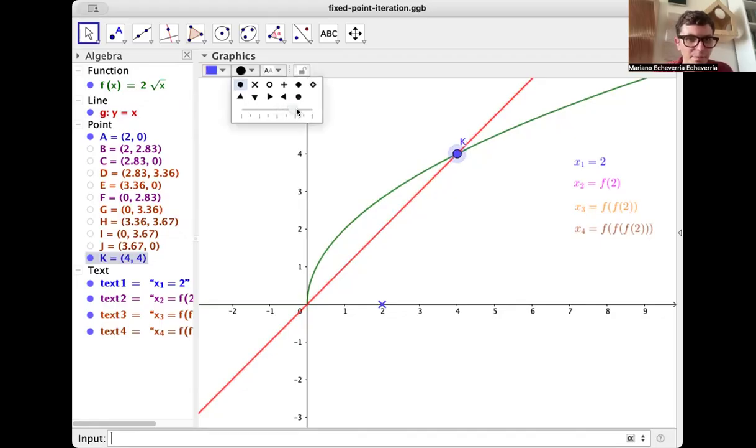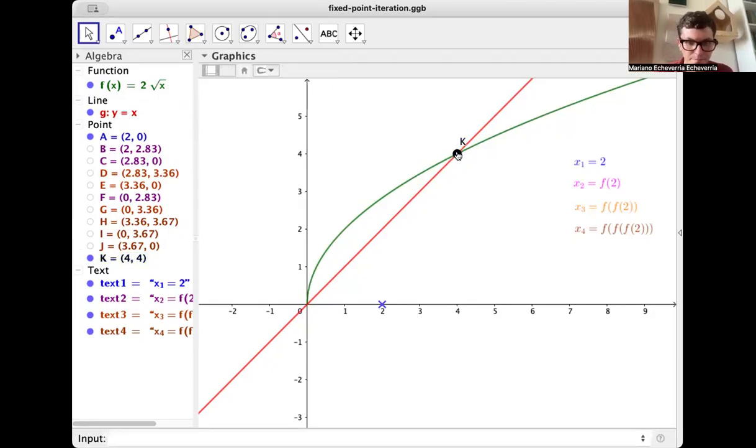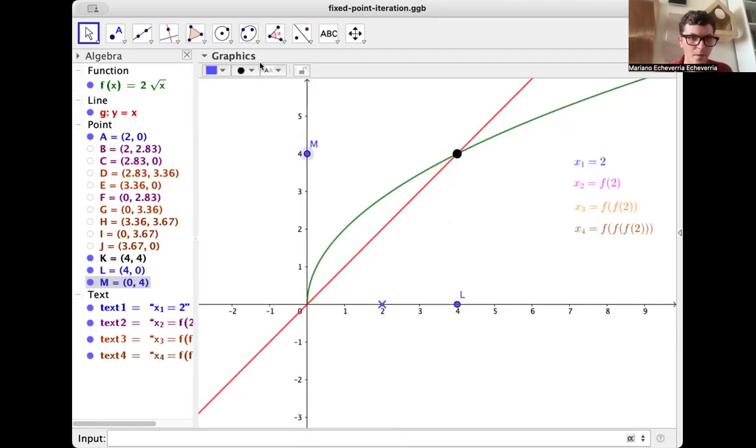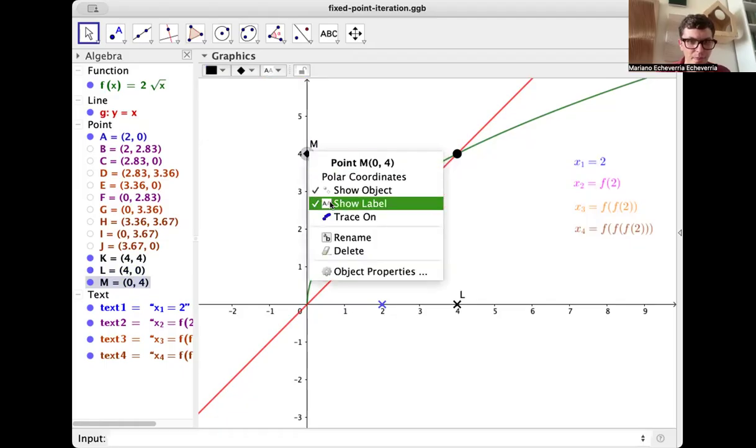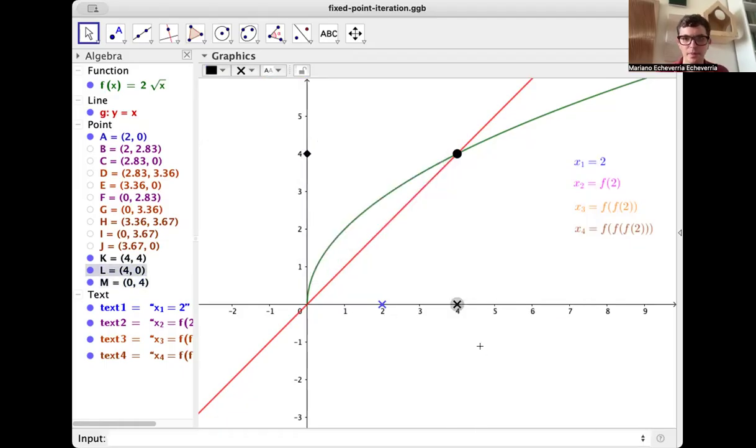That is a fixed point in this case. Let me put it in a different color. Okay, so that is the fixed point, and that is what we would like to try to find.